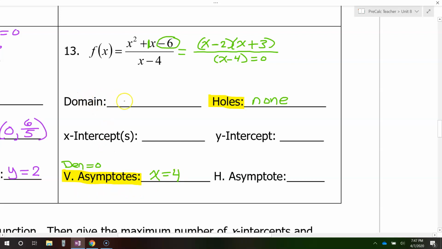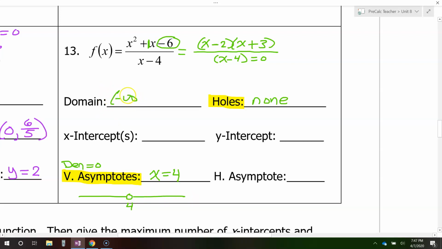So now I can talk to you about the domain. There were no holes, but there is a vertical asymptote. So the domain is just all of the x values, except I need to carefully skip over the vertical asymptote. So that's why the domain will be negative infinity to 4, and then 4 to infinity.